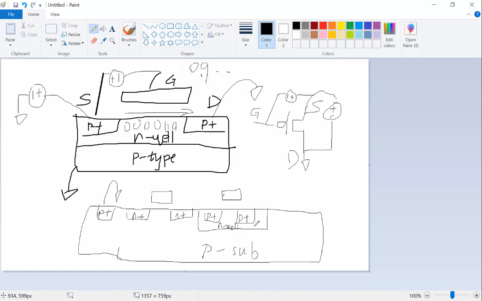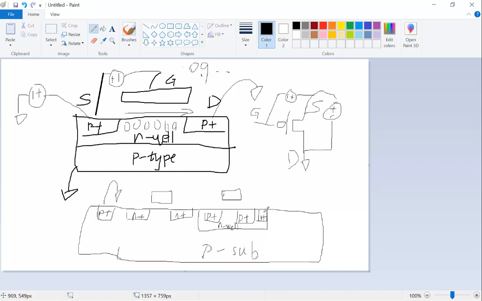No. The other N plus is a terminal of the transistor. You don't want to interfere with that one. That's an individual PMOS, right? It should do all the business within that PMOS instead of messing up other transistors in the circuit. You just fabricate a little N plus over here, right?